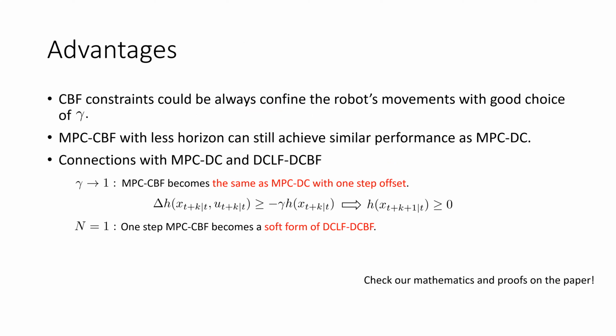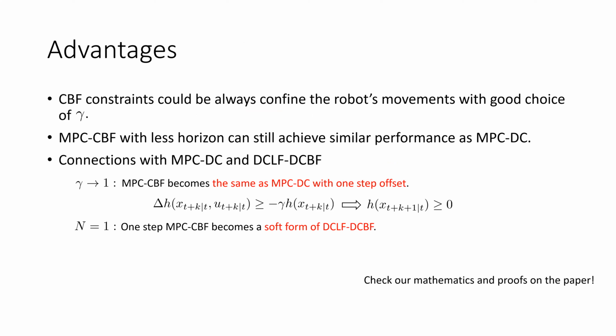The first advantage of MPC-CBF is that this formulation could confine the system movement for obstacle avoidance with a good choice of gamma. Based on this property, MPC-CBF can achieve similar obstacle avoidance performance as traditional MPC-DC while using a shorter horizon, because our robot will begin to avoid the obstacle even far away from it.